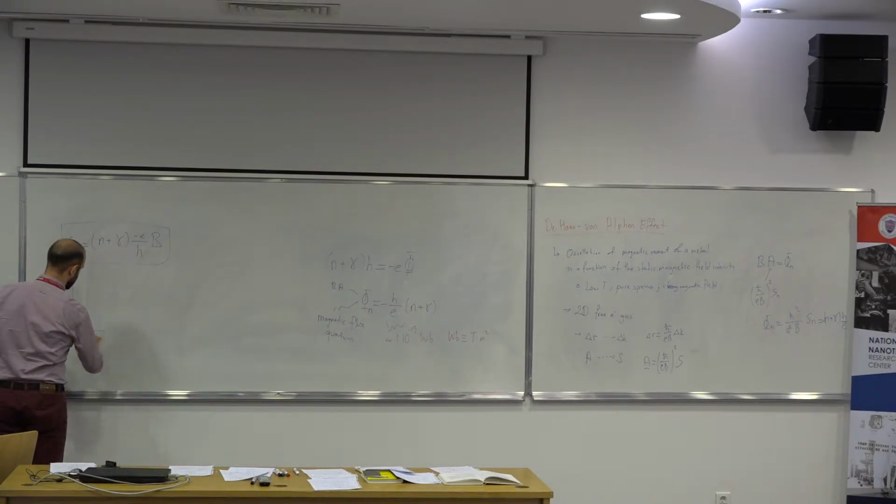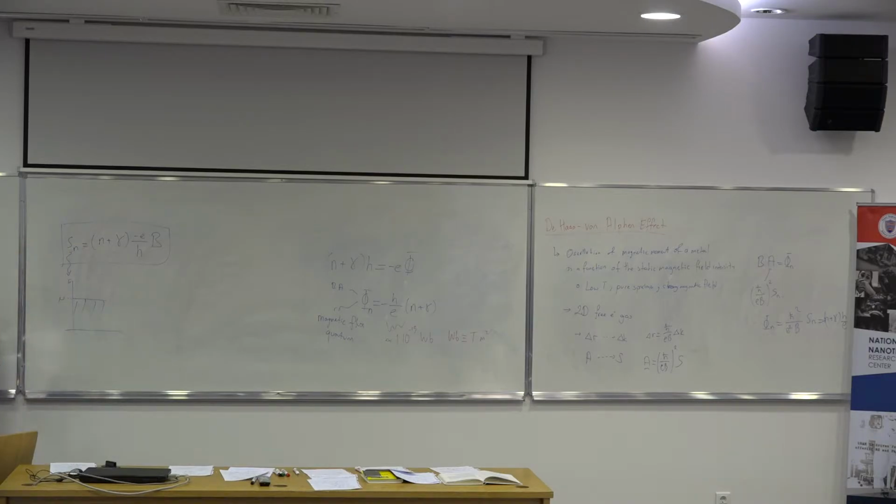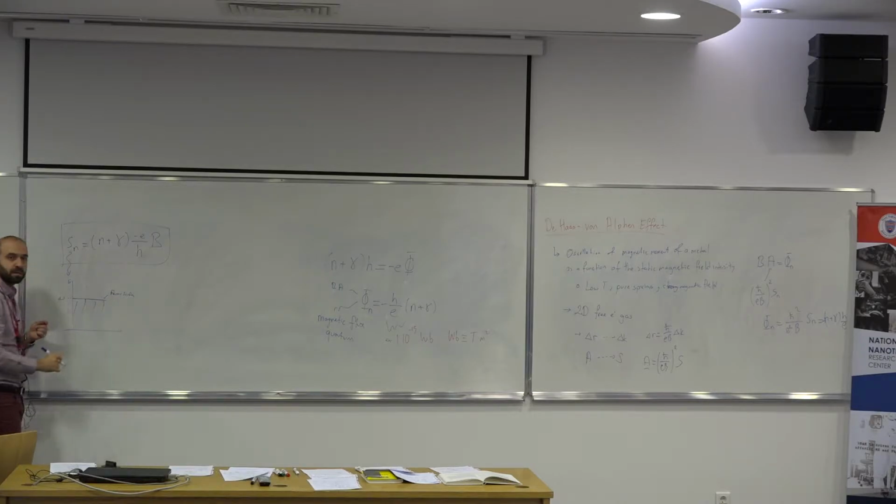Let me draw this diagram. Again, this is the energy. This is my Fermi level. And the electrons that can displace their K values are the electrons at the Fermi surface. So basically what I'm looking at is the change of momentum of the electrons at the Fermi surface.